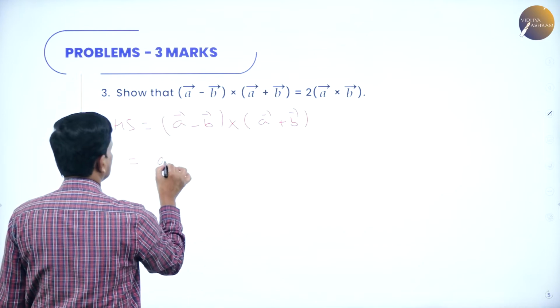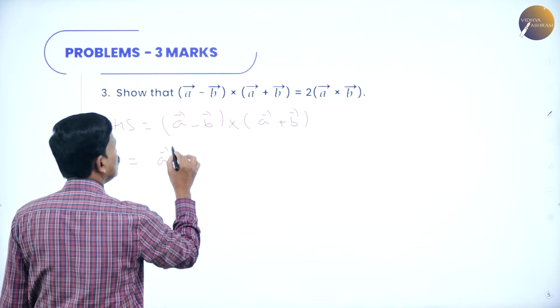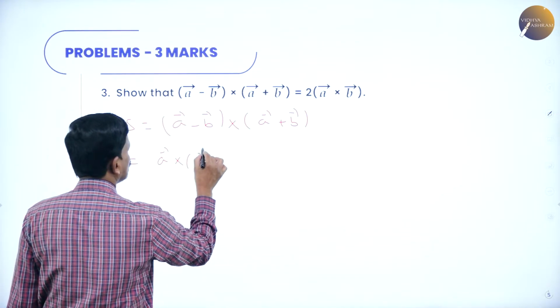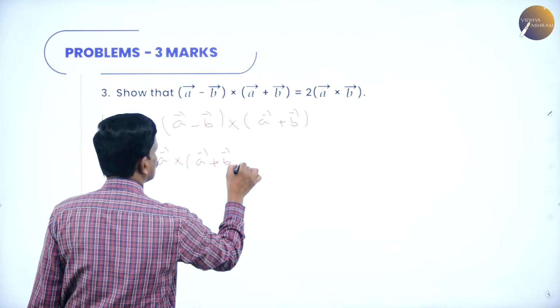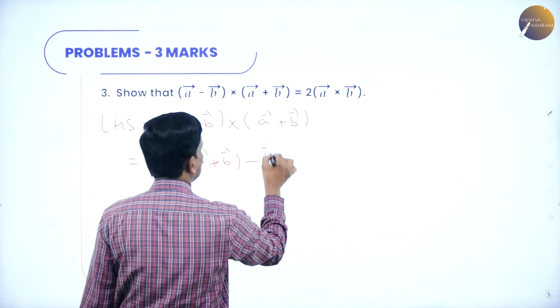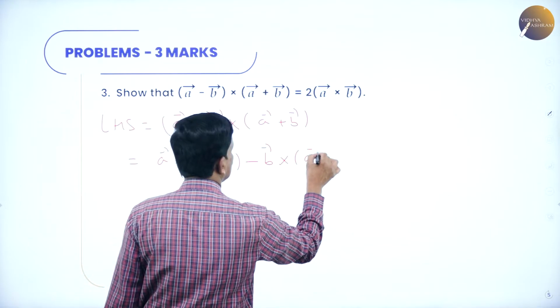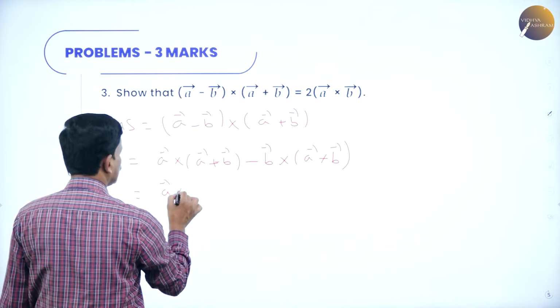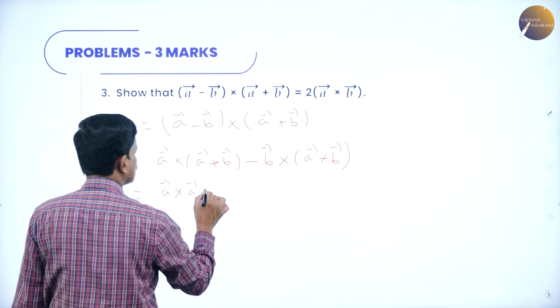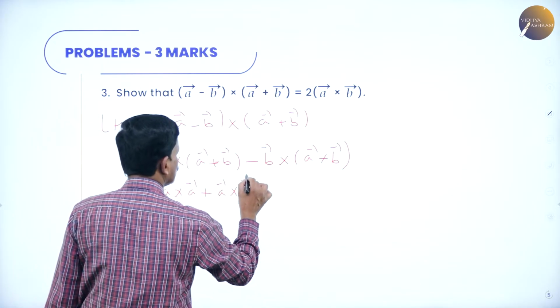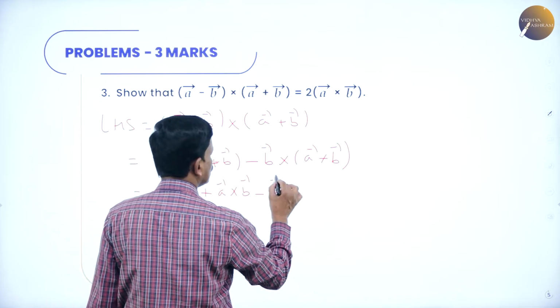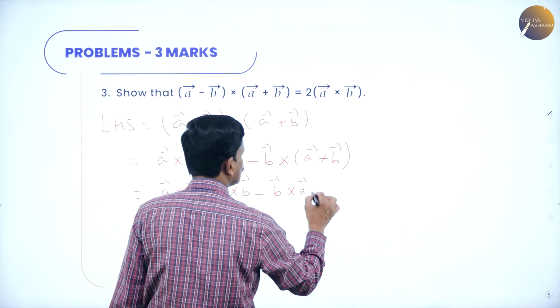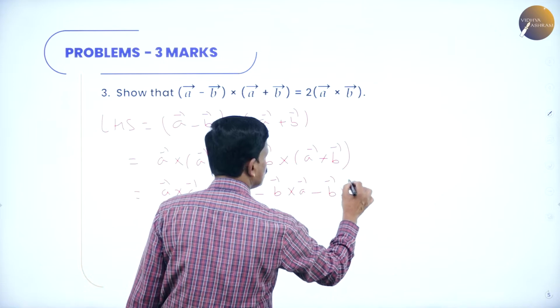So this can be written as a cross a plus b minus vector b cross a plus b. So this is vector a cross a plus vector a cross b, again multiply by this, minus b cross a, minus into plus, minus b cross b.